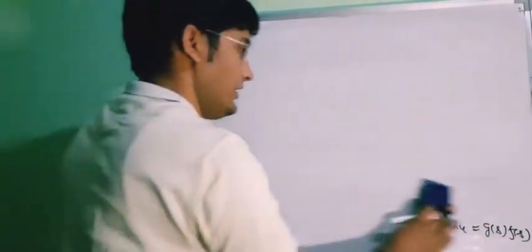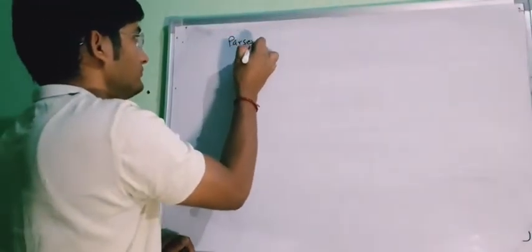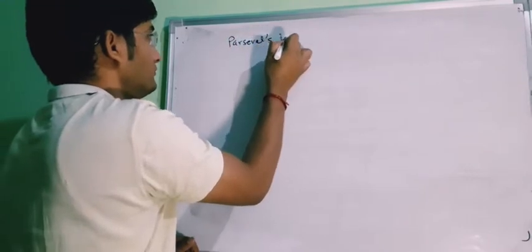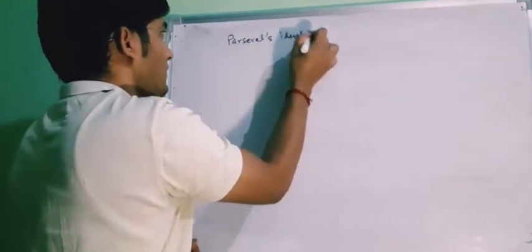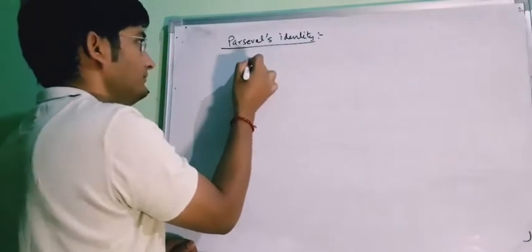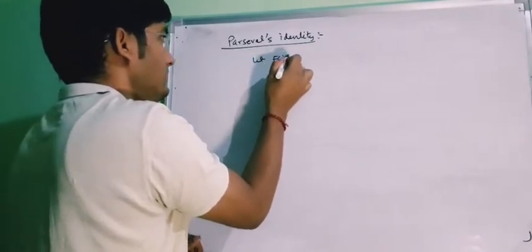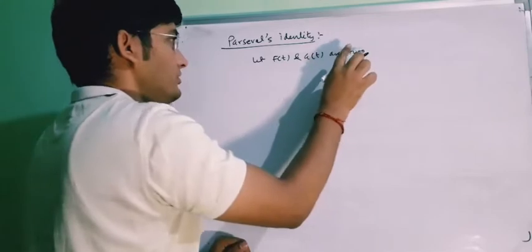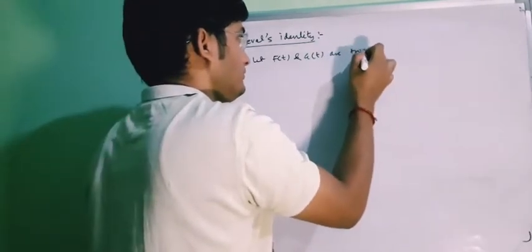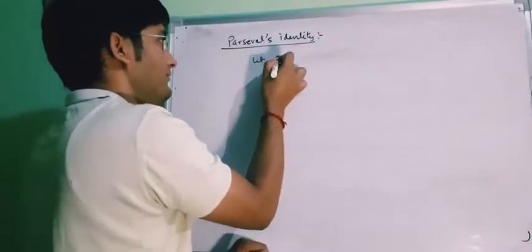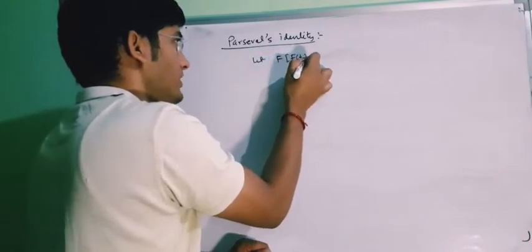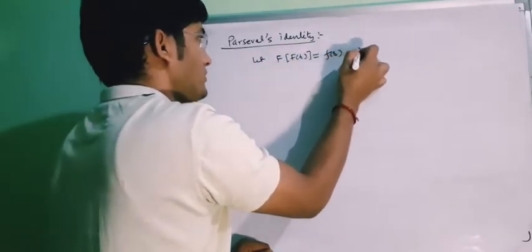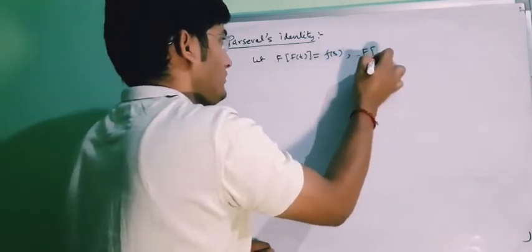Next, we have the Parseval identity. Again, let f(t) and g(t) be two functions. Assume the Fourier transformation of f(t) equals f(s) and the Fourier transformation of g(t) equals g(s).